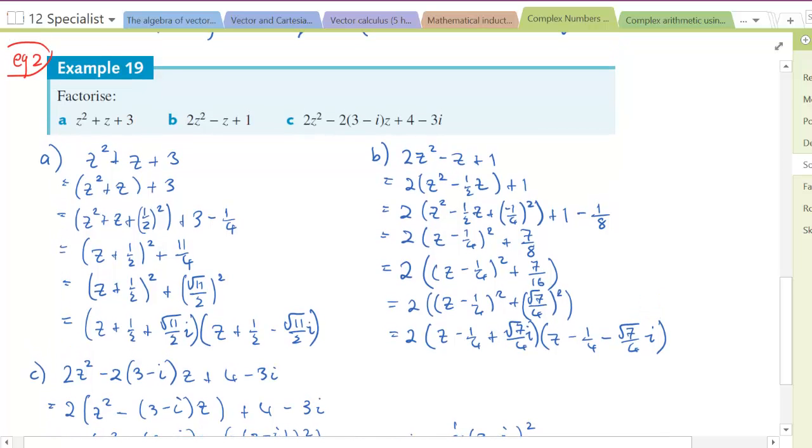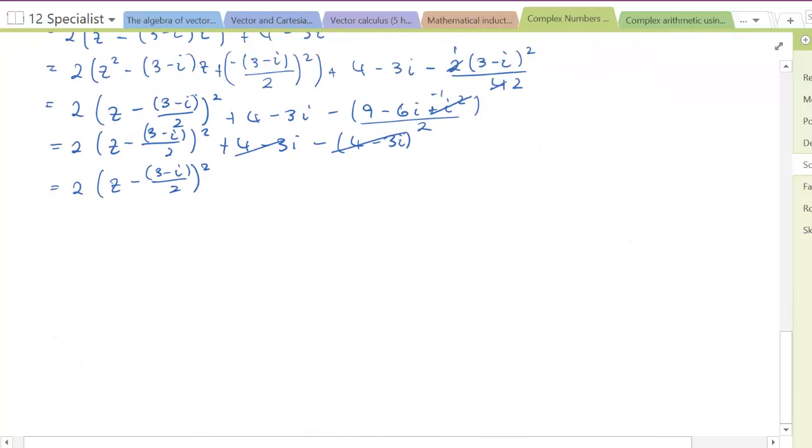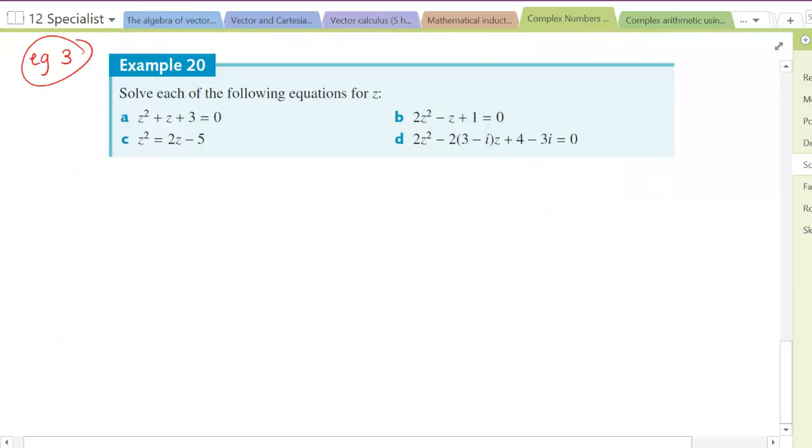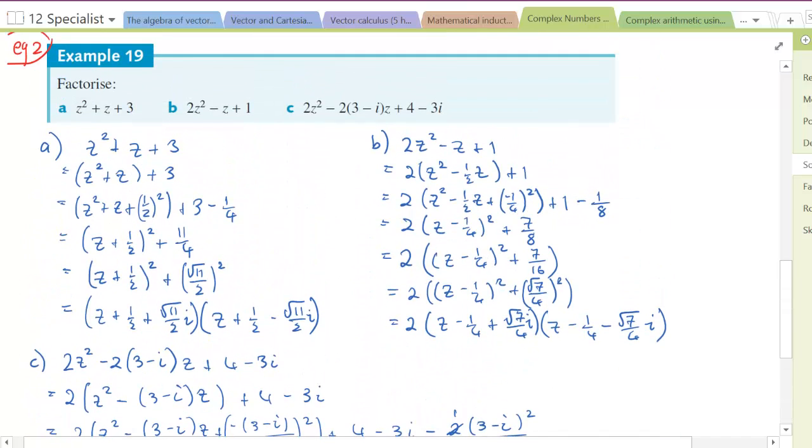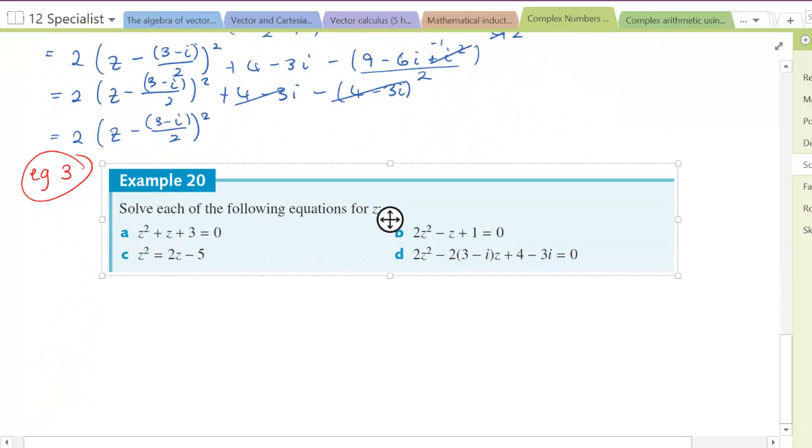We'll take one step further and now we'll look at solving these same problems. When we look at solving these, there's two approaches. If the question is simply solve, you can go through completing the square. So if I was to solve one of these completing the square problems, and it was equal to 0, as it suggests. So with this part A, I'm just going to put this in red because this is following on from the last question. We had that z squared plus z plus 3, and now it's equal to 0.